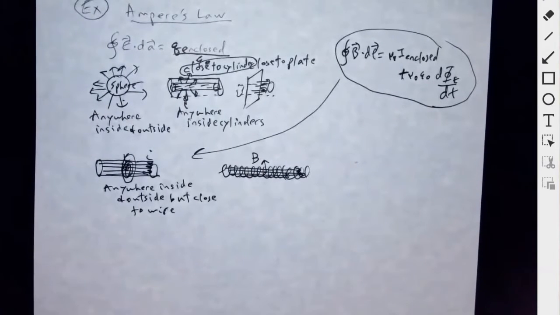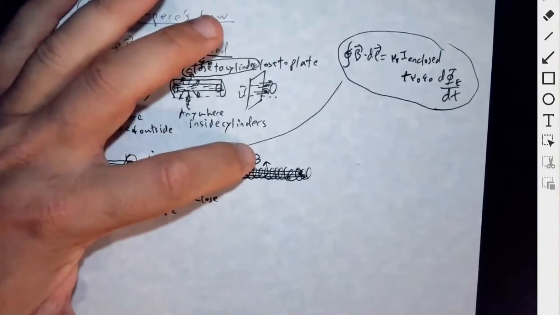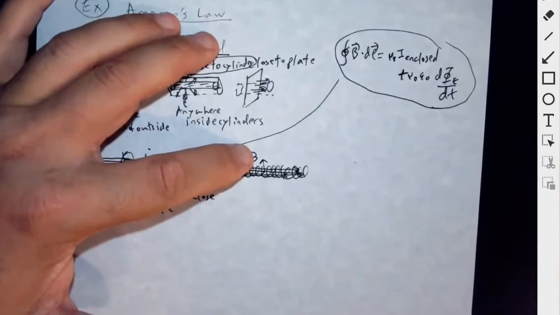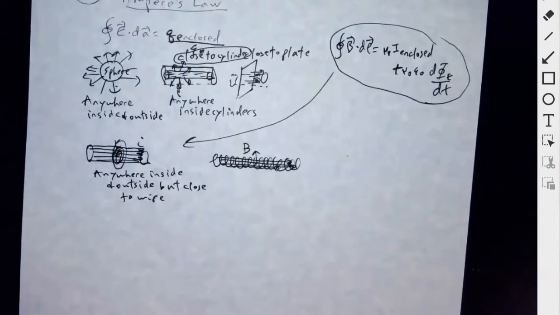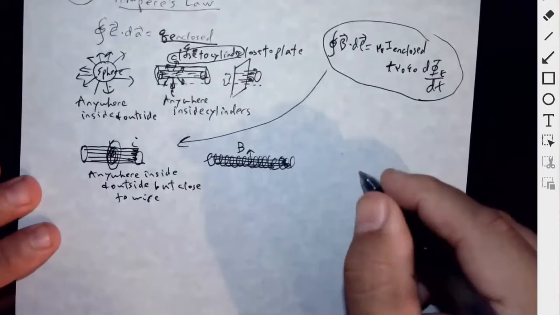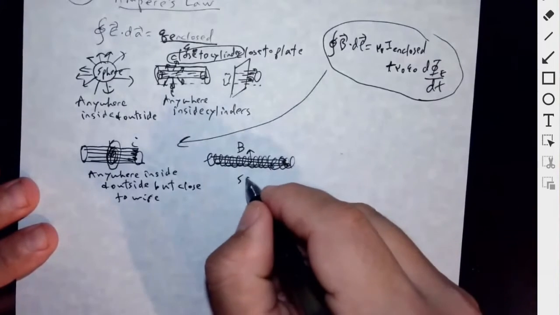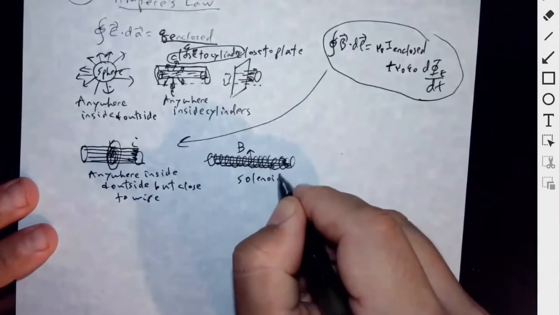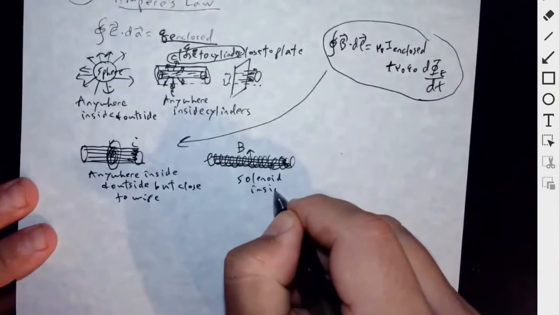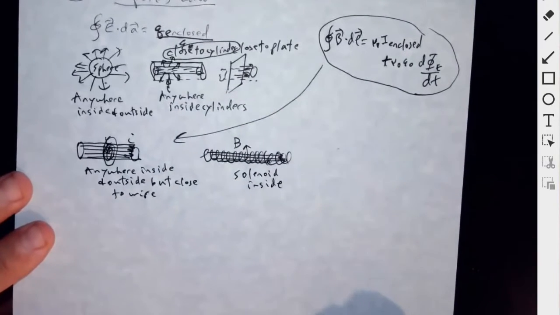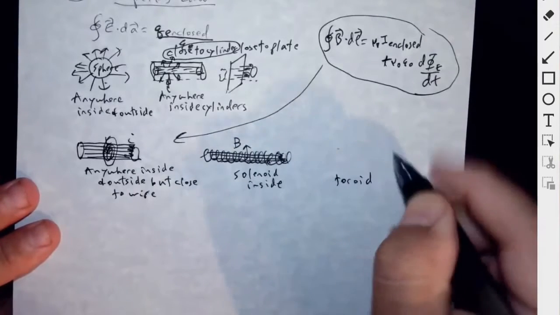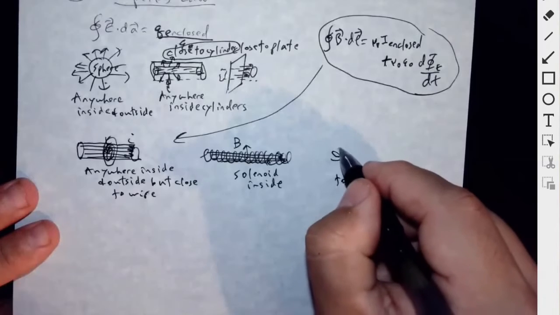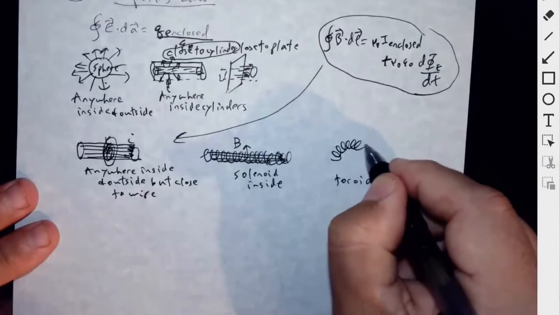Okay, so on Wednesday I showed you how to find the general magnetic field with the Biot-Savart law. So now we just quickly find the magnetic field using Ampere's law. The other one is a toroid. This is the solenoid, inside. Okay, and then the other one is a toroid, which is just a solenoid wrapped in a circle, like that.